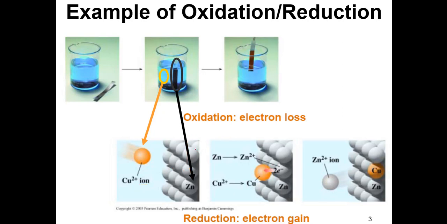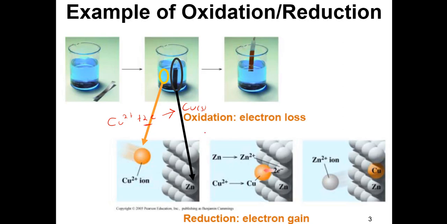So this is what's going to happen in a nutshell. Copper is going to gain 2 electrons, forming neutral or elemental copper, and it's a solid.